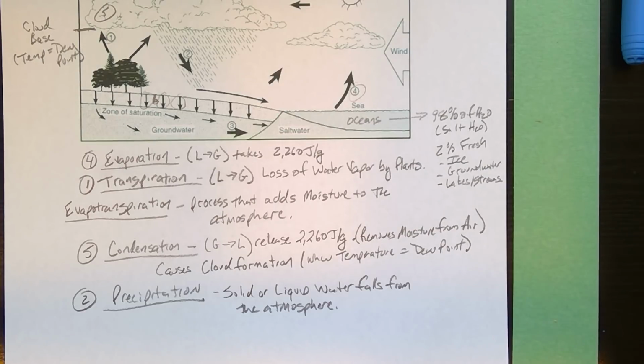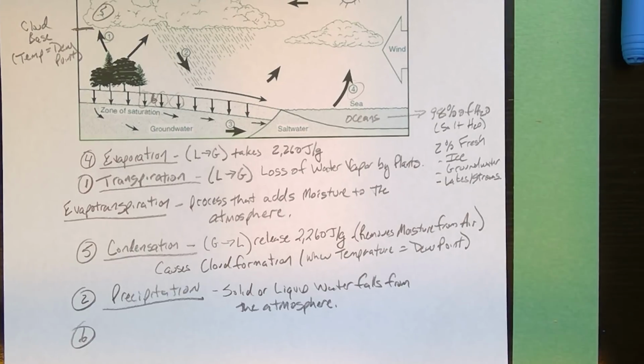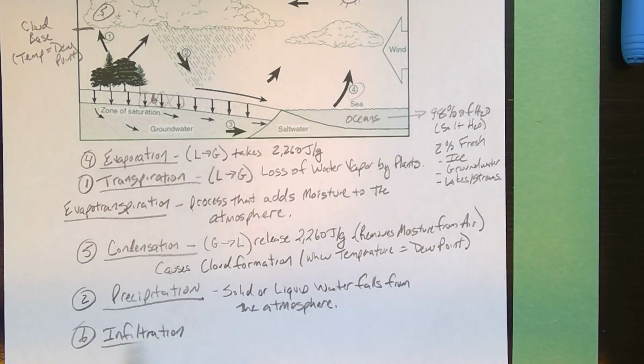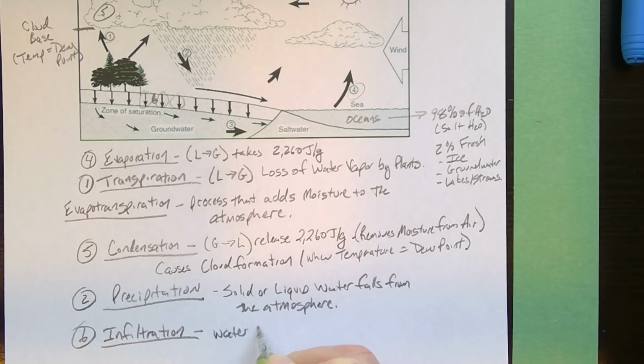Number 6, I'm going to put right here, and that's representing those arrows. Depending on the surface, when liquid water strikes the surface, one thing that it can do is seep into the surface. We call that process infiltration. So infiltration is when water seeps below the surface or into the surface.